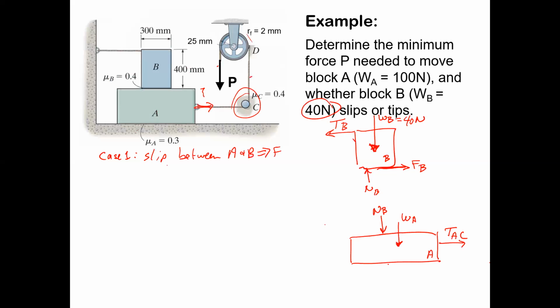And we're going to have a normal force at A pushing up the box. And which way is friction going to be acting on A? At the bottom, friction's going to be going to the left. And what about on the top surface here between these two boxes? Which way is friction going on box A? To the left, right? Equal and opposite of FB on box B.